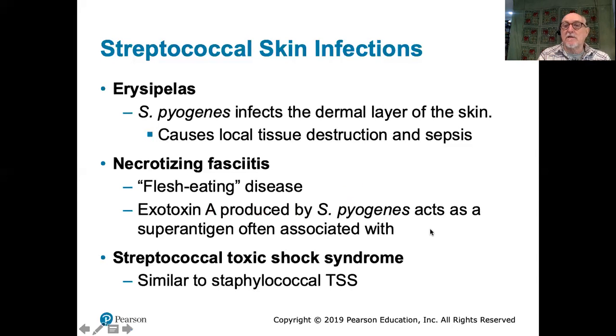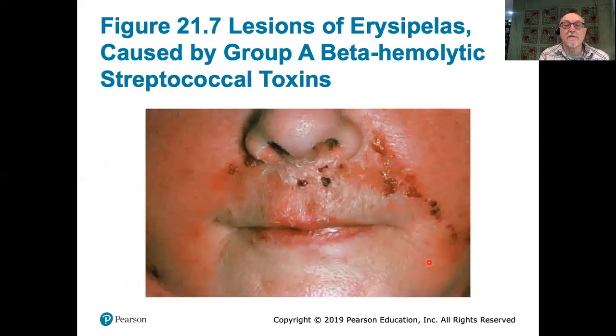But the exotoxins produced by Streptococcus pyogenes, exotoxin A, is particularly dangerous because it excites a very powerful immune response, far stronger than is useful in fighting the infection, and is in itself a danger. Streptococcus can also produce toxic shock toxins, which go into circulation and cause a toxic shock syndrome similar to that of Staph aureus.